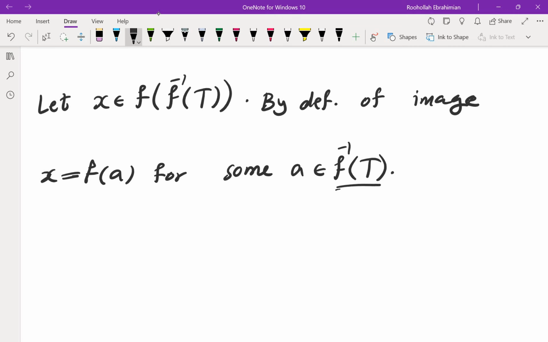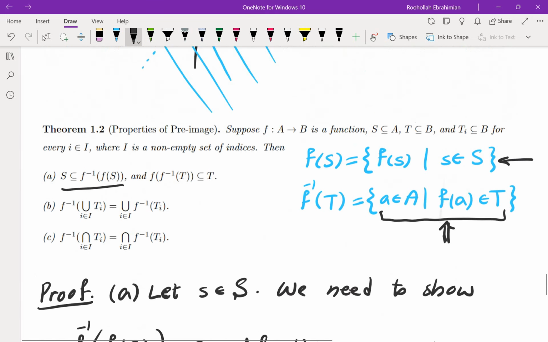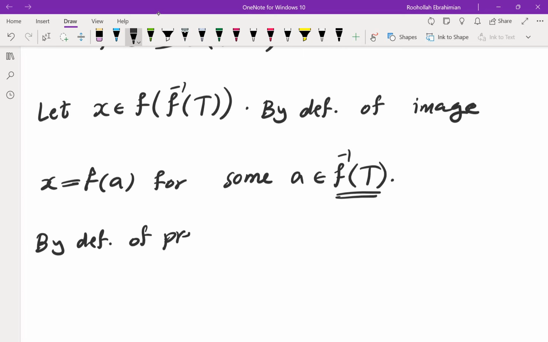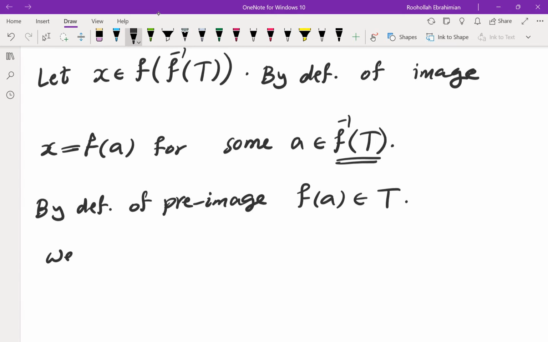Now I have to interpret this. What does it mean that something is in the inverse image? Going back and looking at the definition, it means if you apply f to that, you get an element of the set. So by definition of preimage, f of a must be an element of T. But we know that f of a is x. This comes exactly from here.